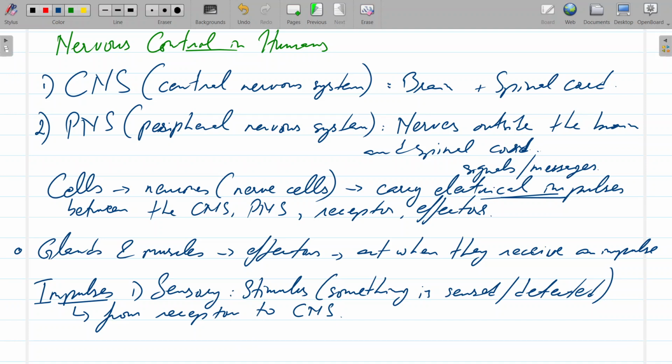And then we've already talked about the other one. The other impulse is a motor impulse, where the impulse goes from the nervous system to the effector.